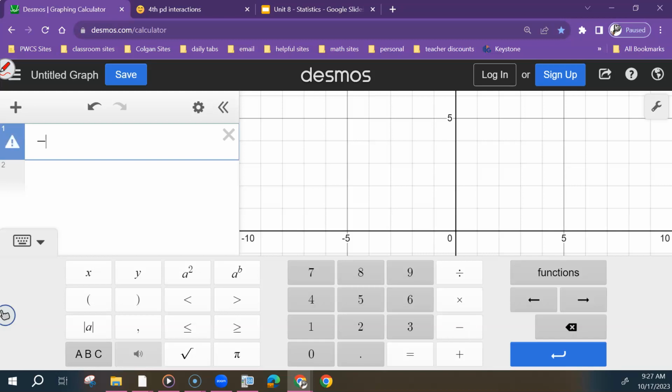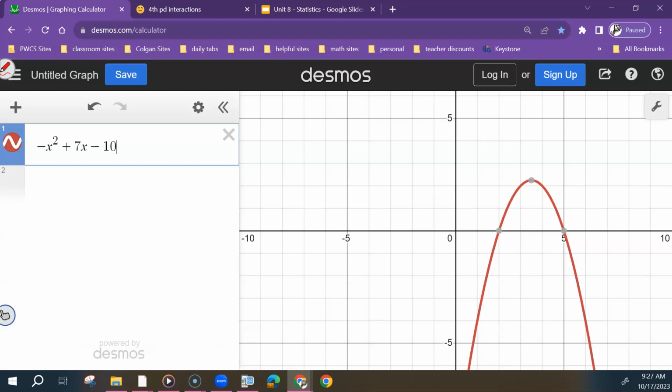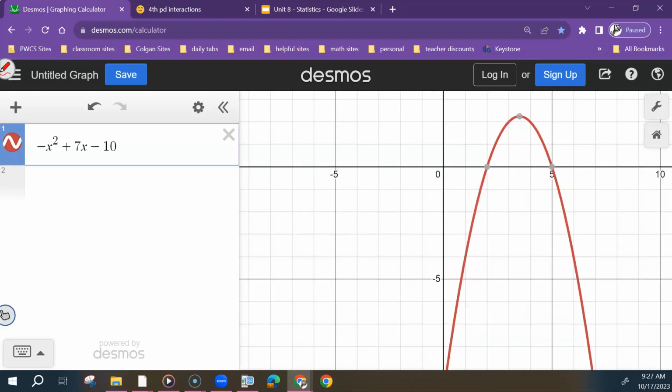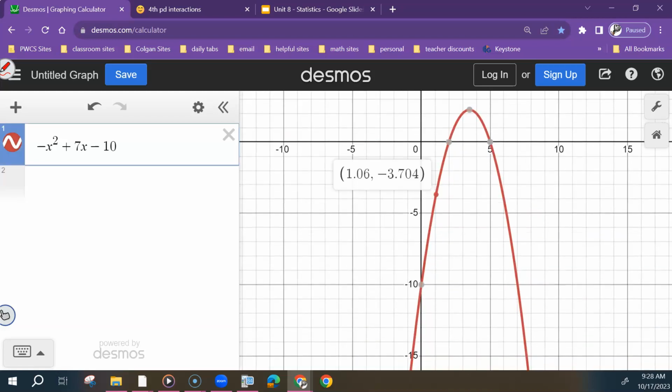I'm going to type in negative x squared plus 7x minus 10. Now, if nothing is clicked, if you click on the graph, it's going to highlight where your x-intercepts are. It'll also highlight like highest and lowest points. Ignore that one because this is not an x or a y-intercept. You may need to zoom out to find the y-intercept, but you can easily find your x and y-intercepts by clicking on those points and then writing them down.